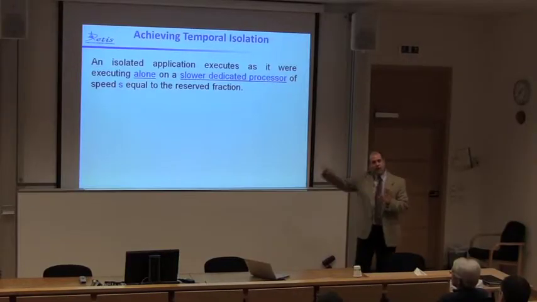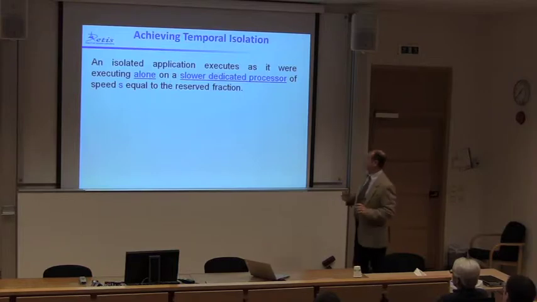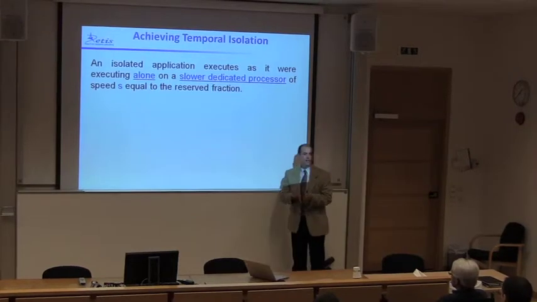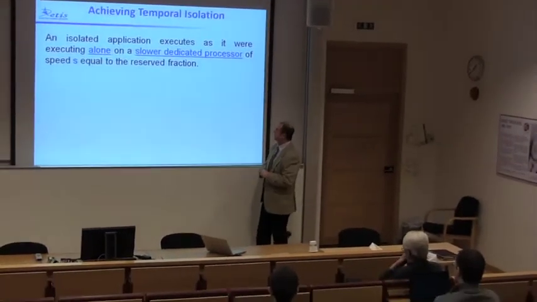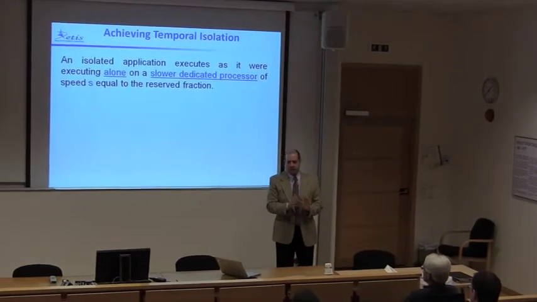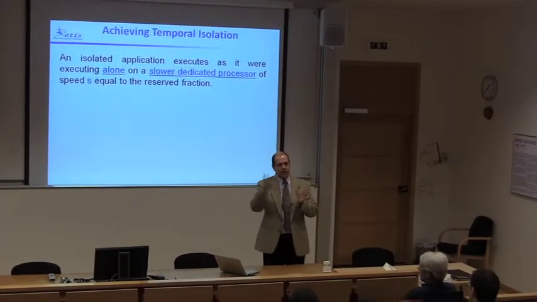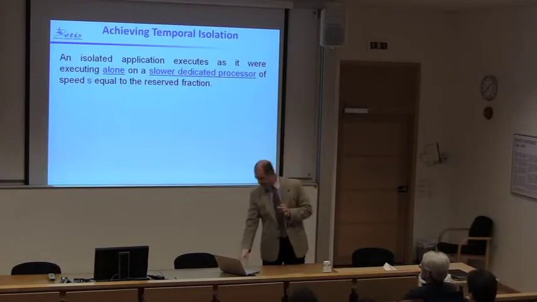So you can forget all the other applications. It behaves like it were alone on a smaller, slower processor, with speed equal to the reserved fraction. So this means that we partition our computational power into different fractions.